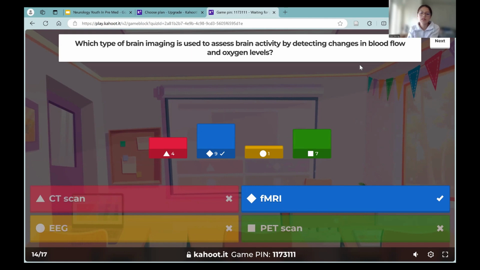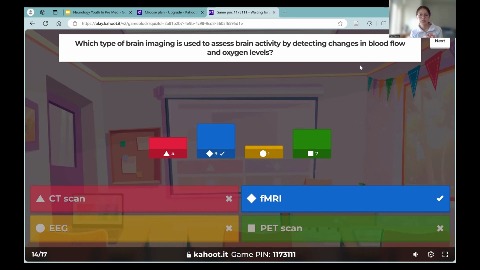So if you're a doctor looking at an EEG, you'll just see waves that tell you the activity in the brain, whereas a CT and an MRI is a picture of the brain, a black and white image. And then there are two types of brain imaging that combine the structural and functional aspects, and that's the fMRI, which is functional MRI, and then the PET scan.